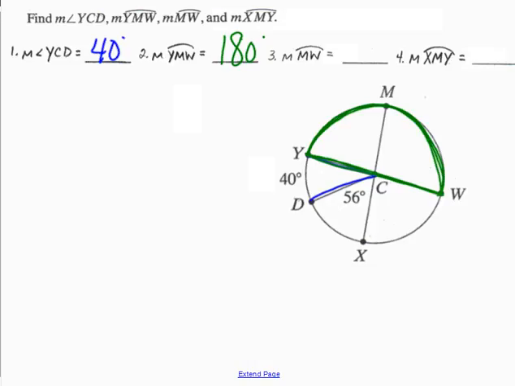So now it says find the measure of arc MW. MW is going to be this arc. And they want us to figure out what this arc is. Well, there's no numbers there, but I can figure it out because across from that, we have vertical angles here. So it's going to be the same as 40 plus 56. So this is also going to be 96 degrees.